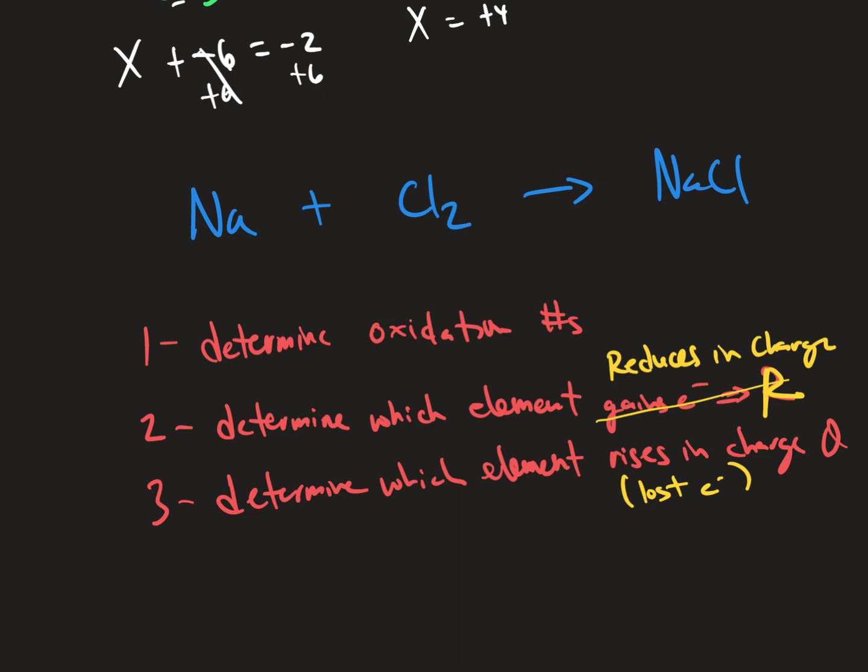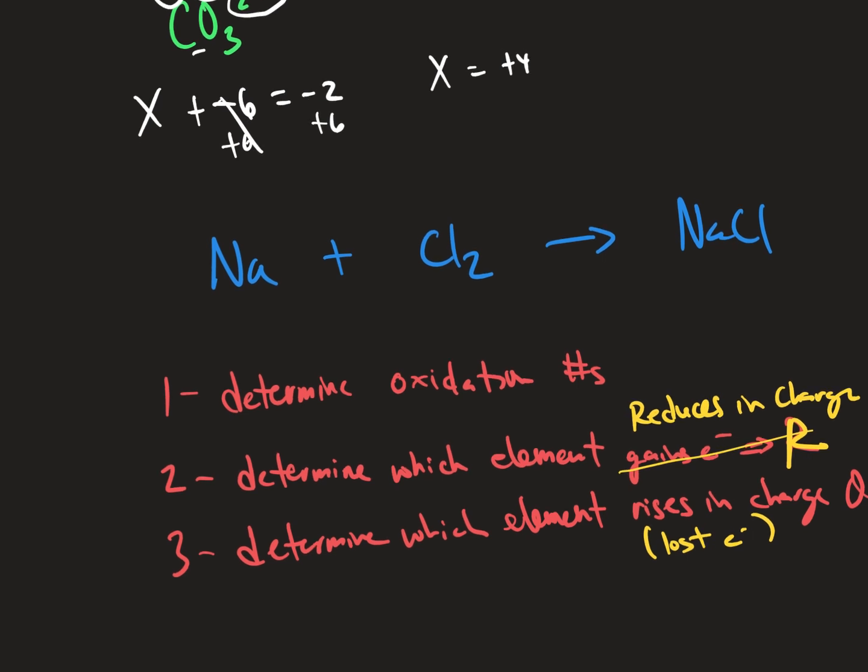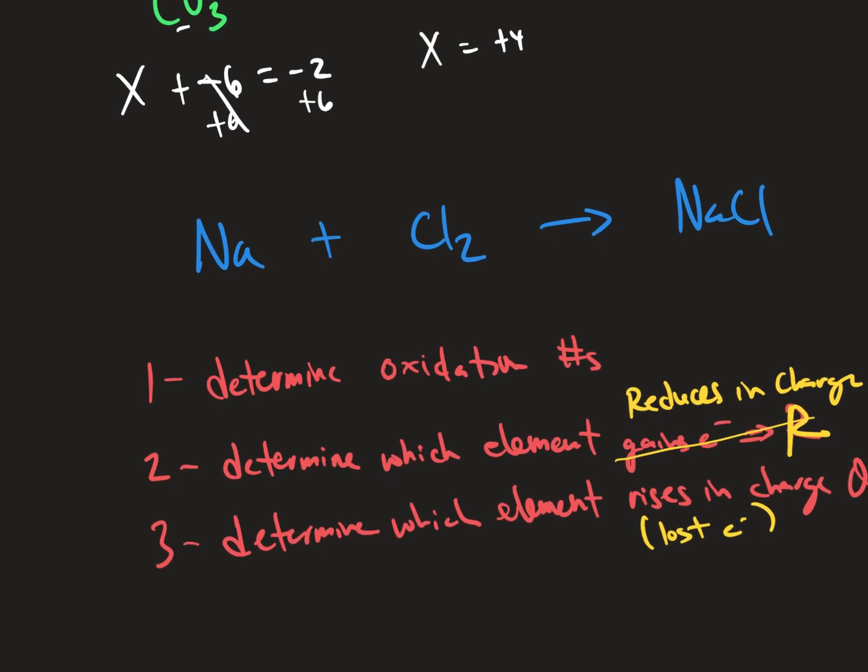So let's do this one. Let's determine the oxidation number for sodium. What is it? 0, because it's all alone. What about chlorine gas? 0. What about the sodium in sodium chloride? Positive 1, because that's the charge of the sodium ion, because this is an ionic compound.